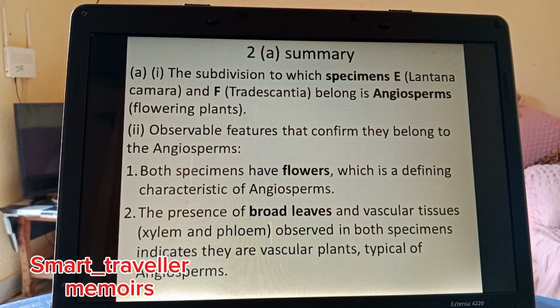Observable features that confirm they belong to the angiosperms is that both specimens have flowers, which is a defining characteristic of angiosperms, and both of them have broad leaves and vascular tissues, xylem and phloem, observed in both specimens, which indicates they are vascular plants typical of angiosperms.